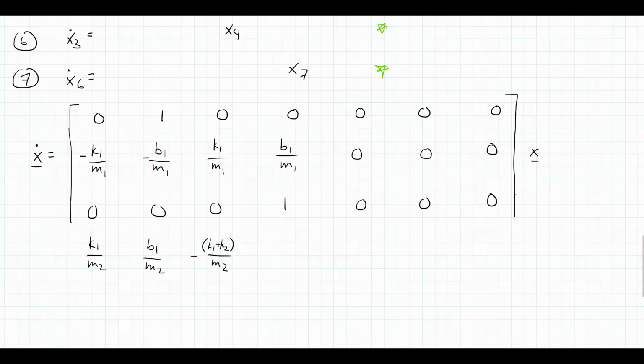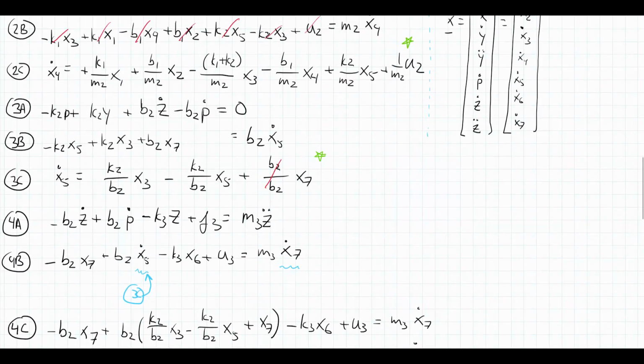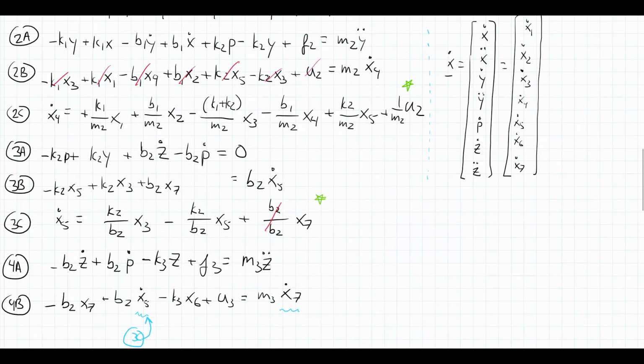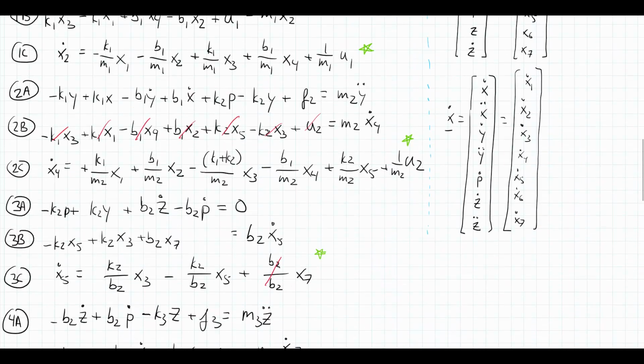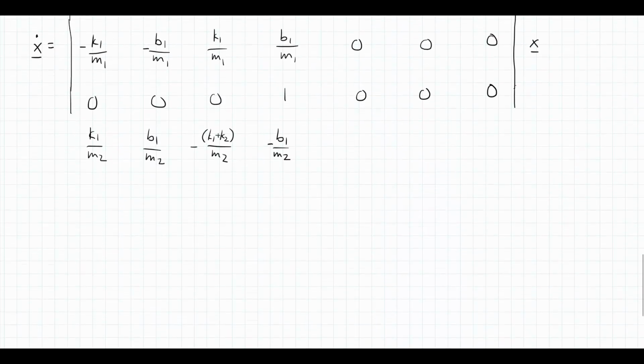Scroll back up for the x4 dot equation. All right, so 1, 2, and 3 are taken care of. 4 is negative b1 over m2. The x5 expression, k2 over m2, positive. And zeros.